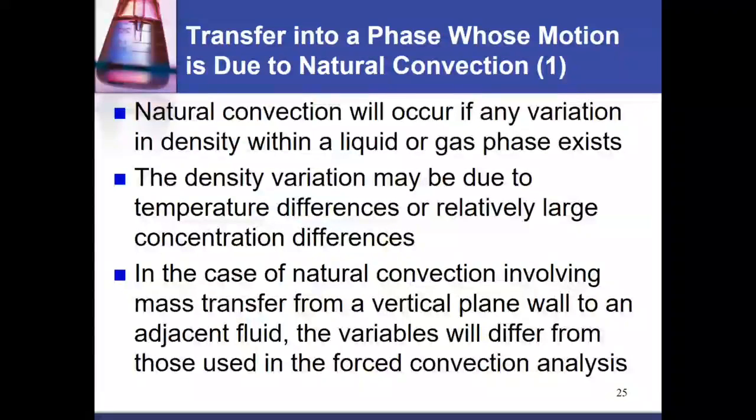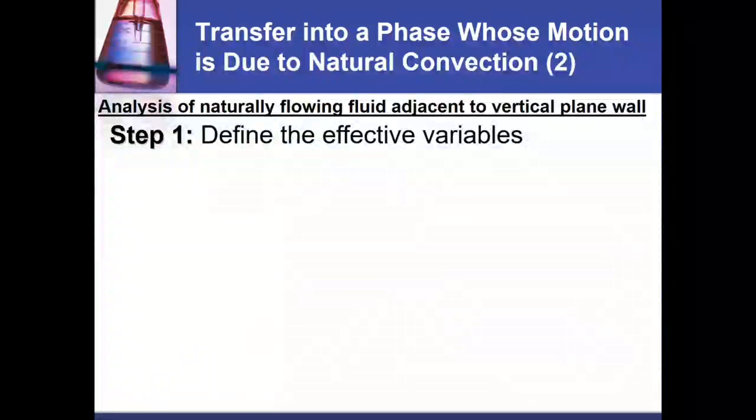For example, if you have two tanks, one under a little vacuum, not at the same pressure as the other, when you open it there will be exchange between the two tanks because of the pressure gradient. That might also cause natural convection, because again there is a concentration and density gradient. So in these cases we don't have velocity; we don't pump the fluid. It takes place naturally because of the variation in density or concentration.